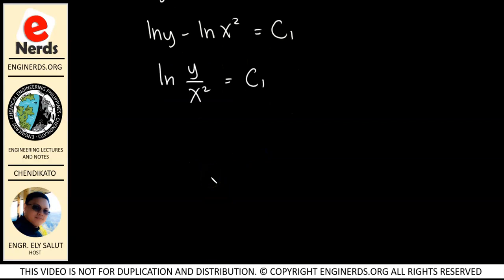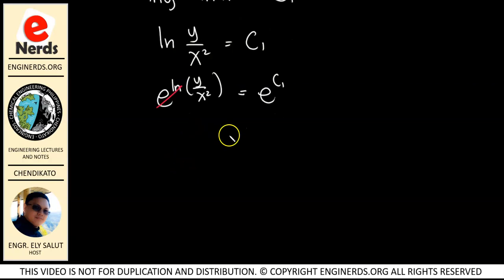Okay, so now, another property of logarithm, I'm going to raise this to e, so I will have e to the ln y over x squared is equal to e to the c1, okay? So, this will be cancelled, no? Itong ating e to the ln, and we already know that sa ating properties of logarithm.